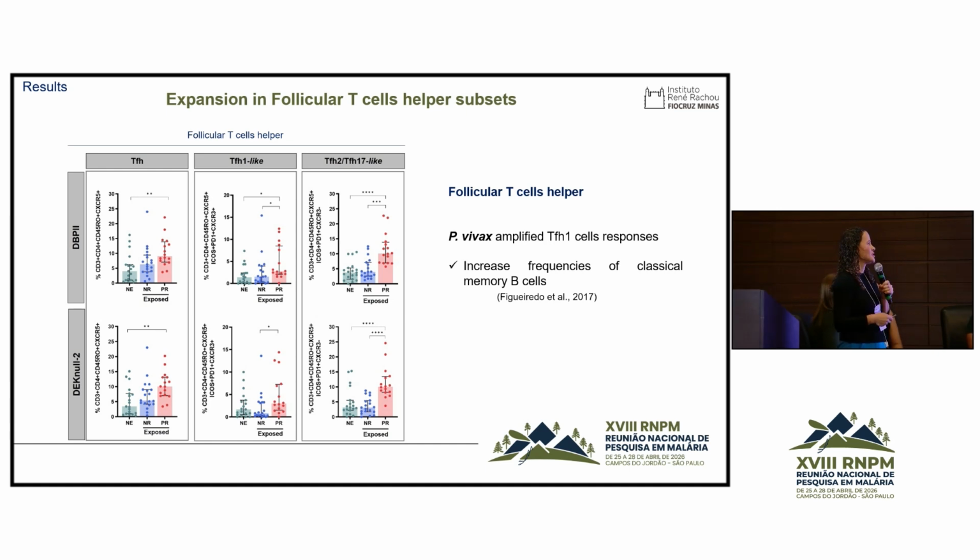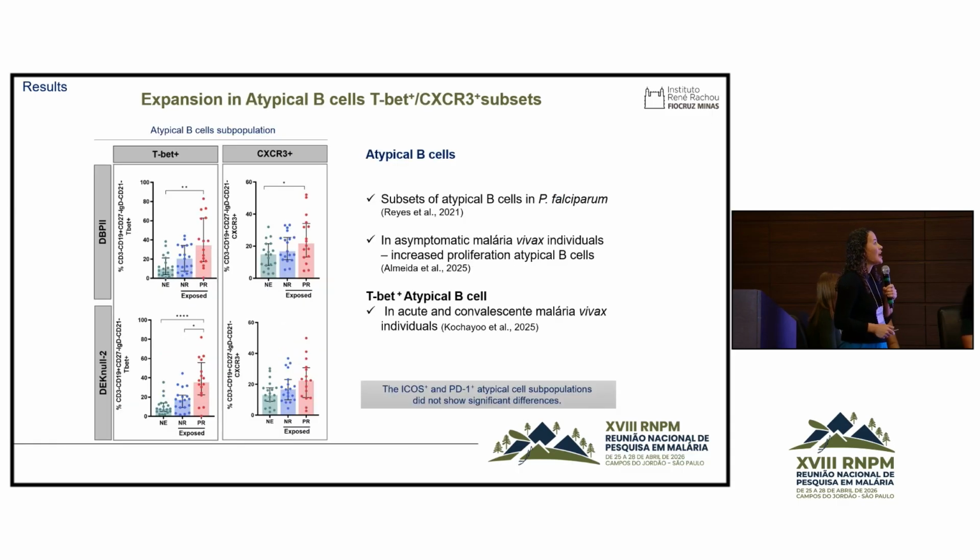And we saw the subtypes Th2 and Th17, due to the fact that the individuals were PCR negative in a persistent way. We also evaluated several B cell populations, but we call attention to atypical B cells.